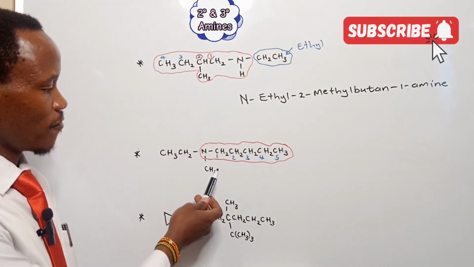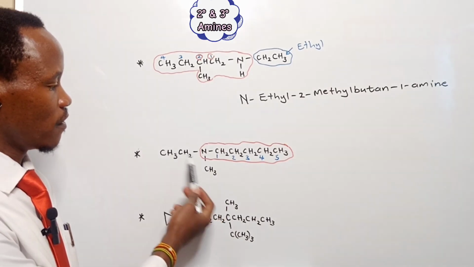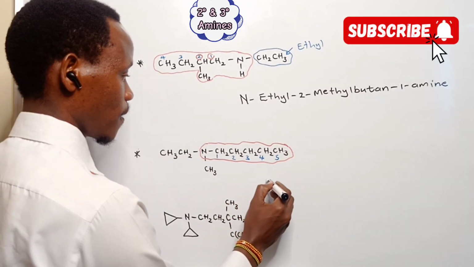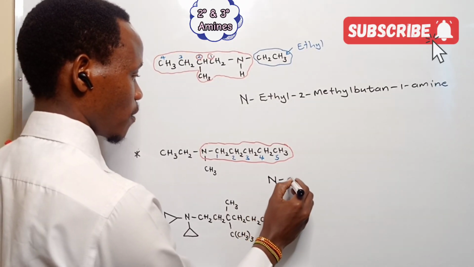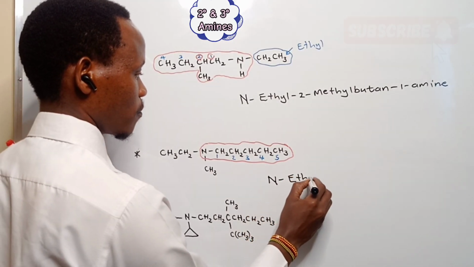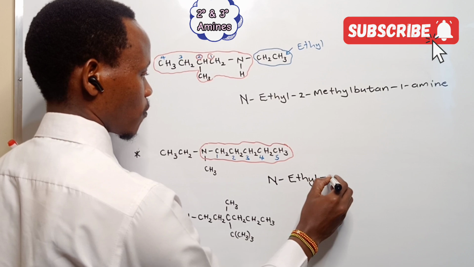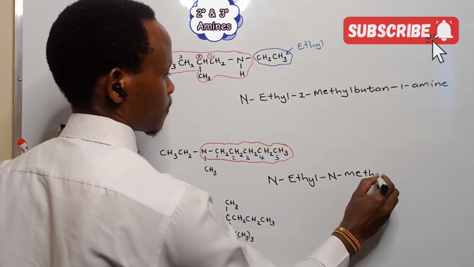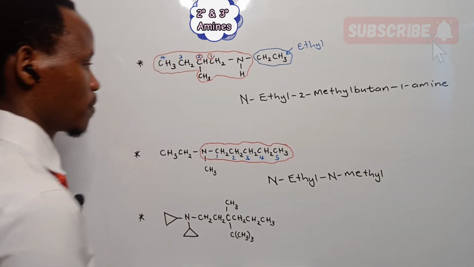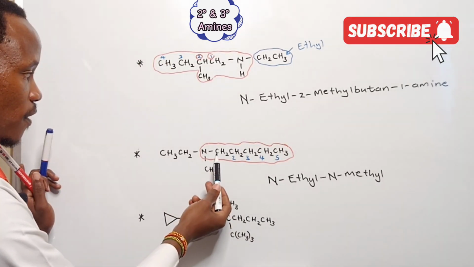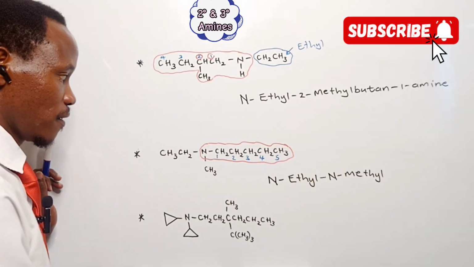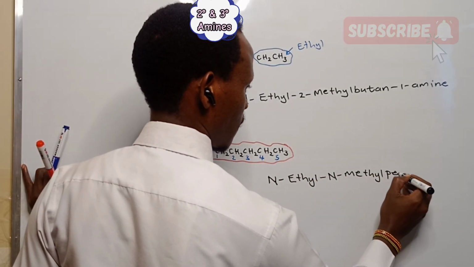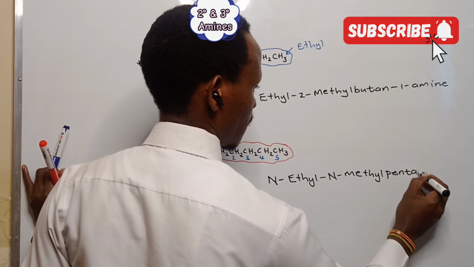Now we can therefore write the name by basing on the alphabetical priority of these two groups, since they are different. So the one with priority is the ethyl group, followed by the other ethyl group. Now the name of that one is to deal with the 5 carbon straight chain amine.